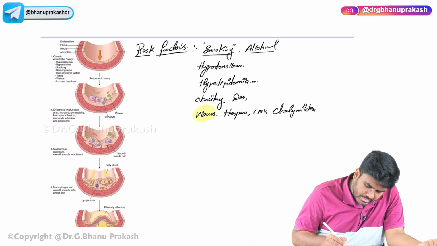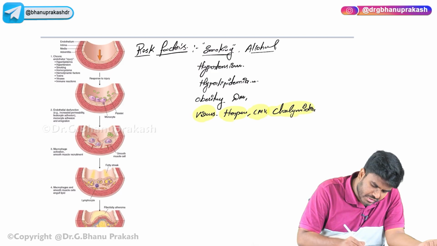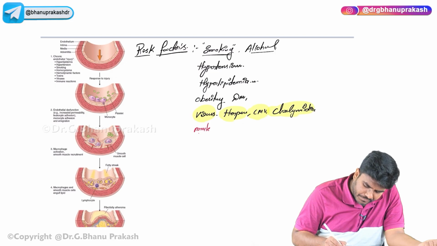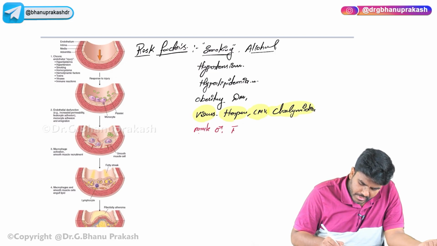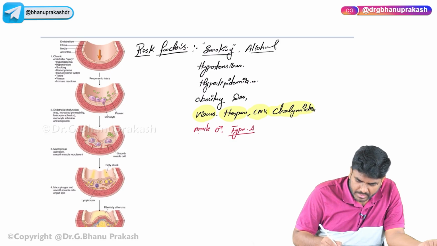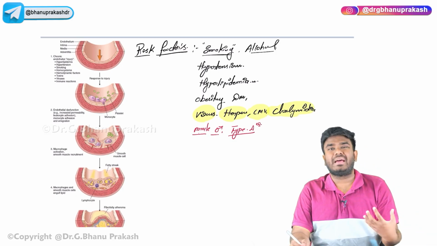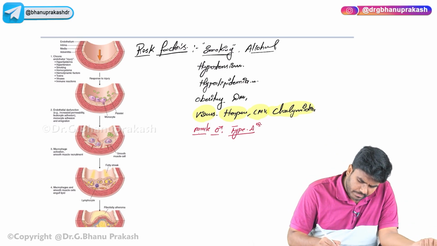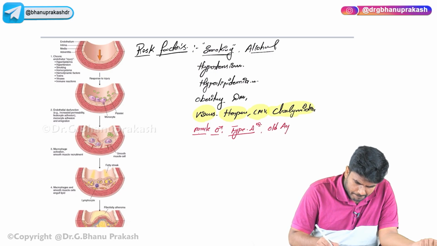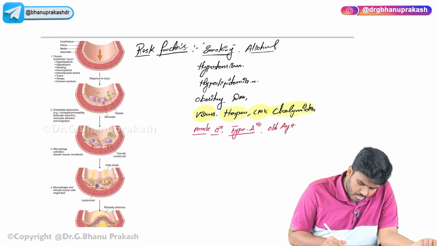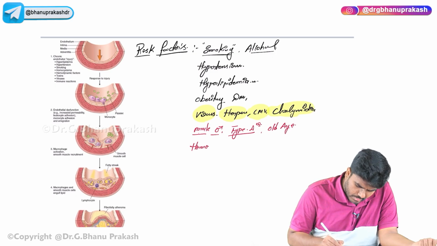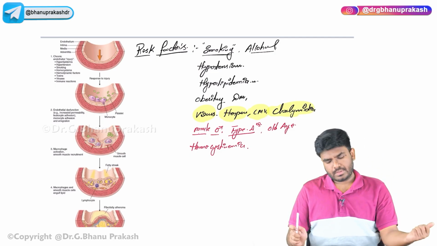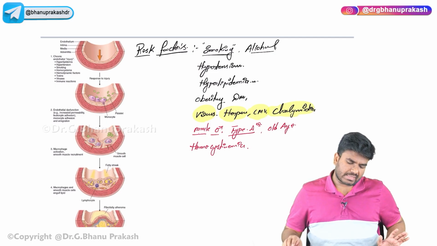So these infections, especially herpes, cytomegalovirus and chlamydia, can also lead to atherosclerosis. And male sex, type A personalities. These people are very much alert all the time, anxious, with a lot of hypertension. Type A personality people, older age, and homocystinemia. So these are the risk factors.